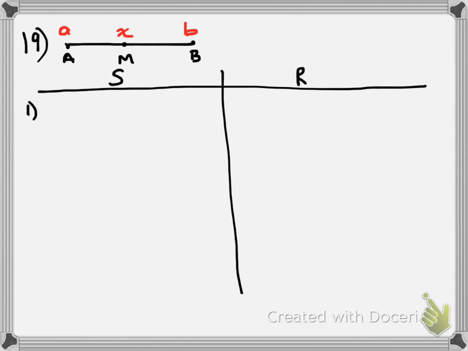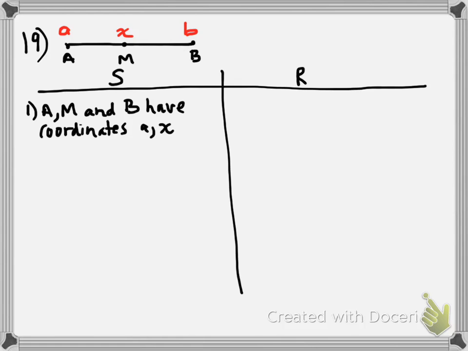We're given that points A, M, and B have coordinates little a, little x, and little b, respectively. That means in the order that the big letters come, the little letters correspond.